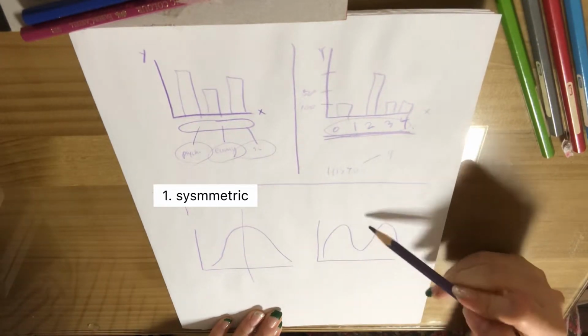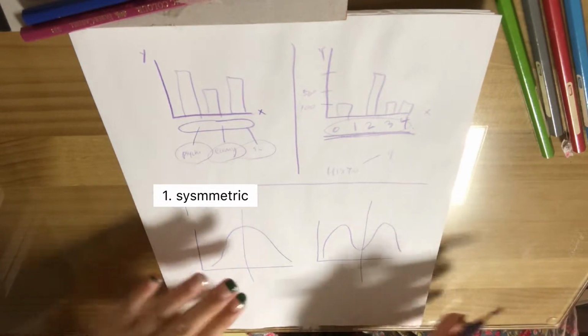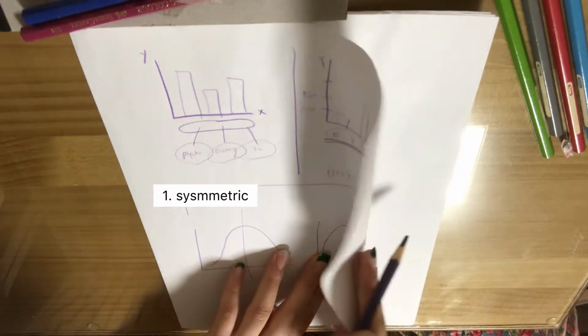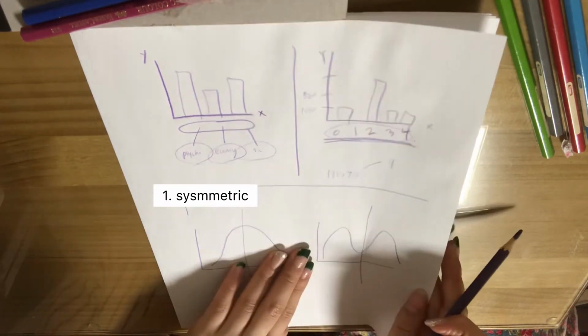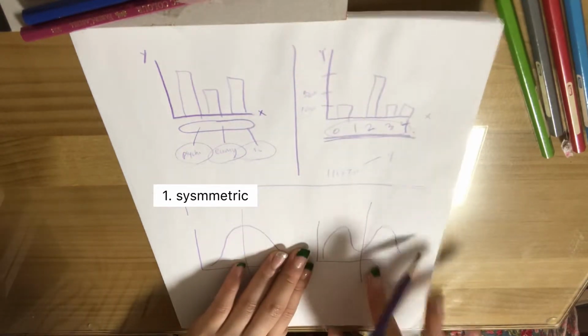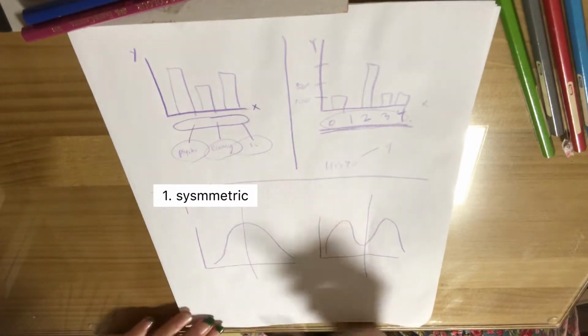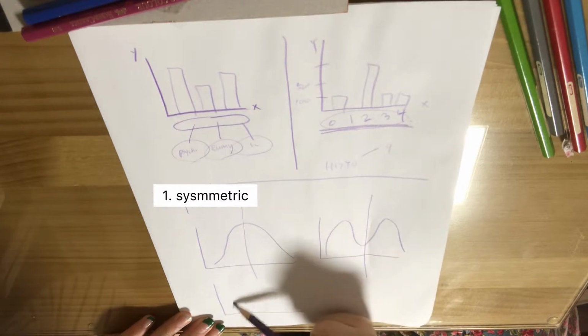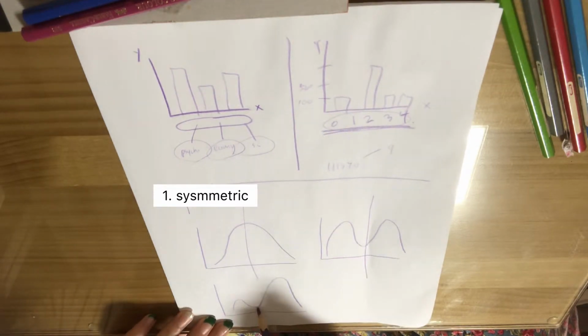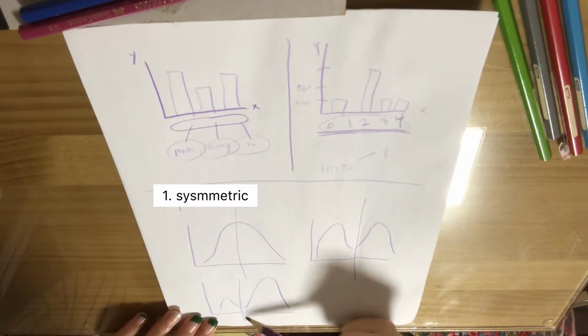Like this, when you divide it into half, what happens? They match. So this is symmetric. This is not symmetric because it is not the same.